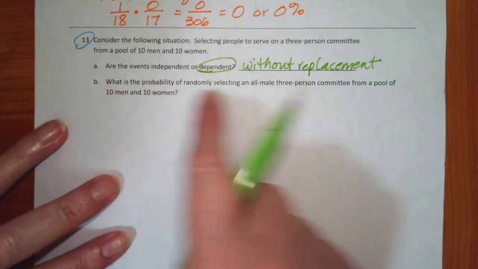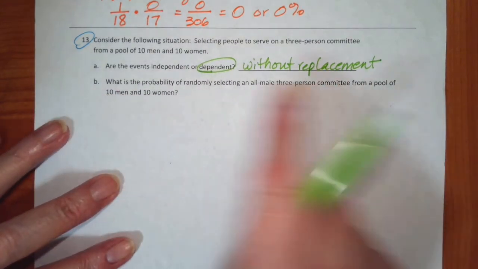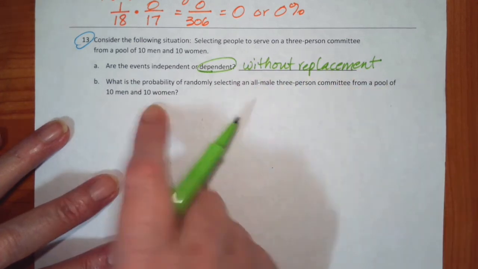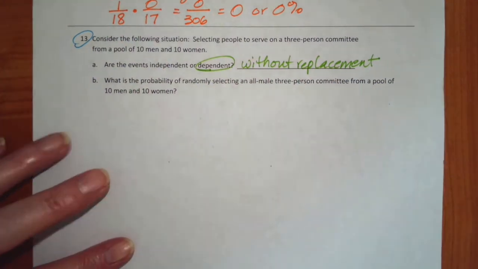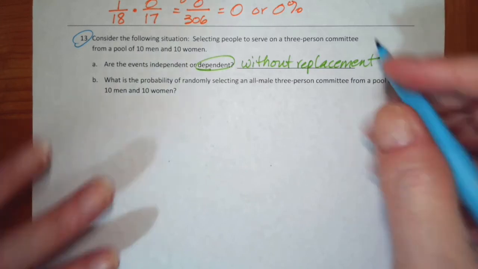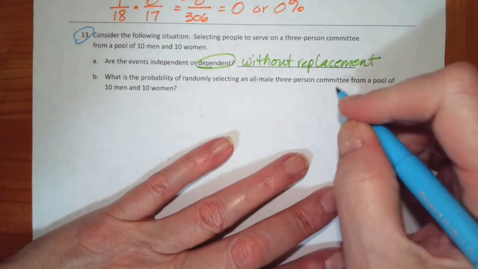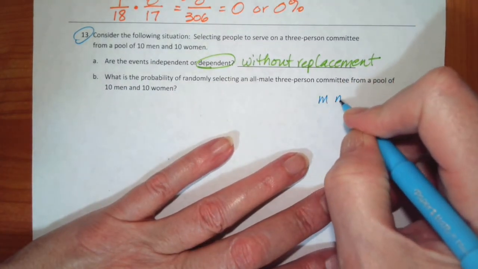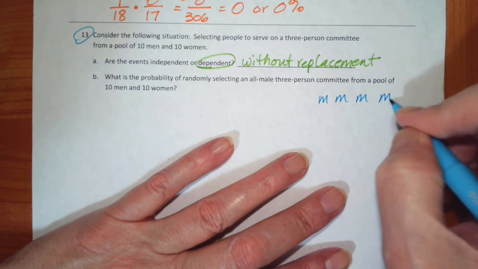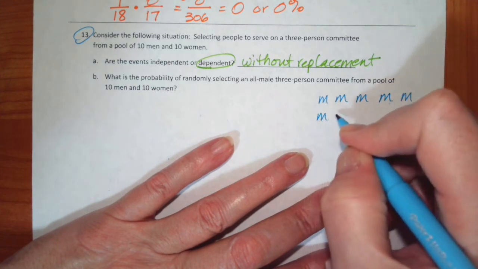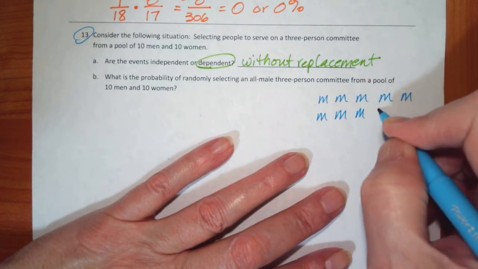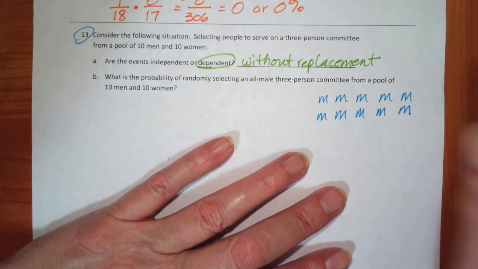Okay, once somebody's been selected, they're no longer in the pool. They're already on the committee. So what is the probability of selecting an all-male 3-person committee? Okay, well, I may want to do this again as well. So let's see. I've got 10 men, 1, 2, 3, 4, 5, 6, 7, 8, 9, 10.